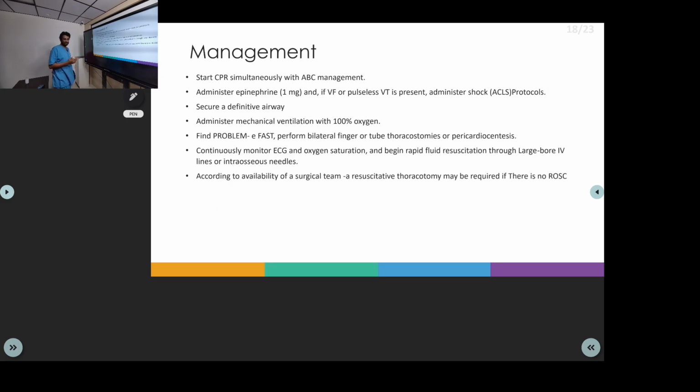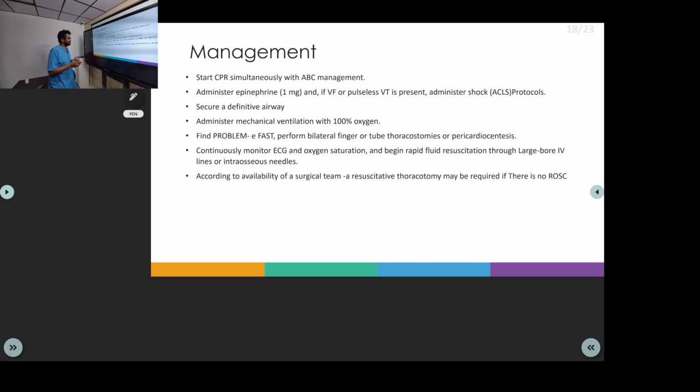Here the management is that we have to start CPR according to the ACLS protocol, give epinephrine, and also shock if there is VT or VF. You definitely have to secure the airway, and find the cause of the trauma, like performing EFAST.